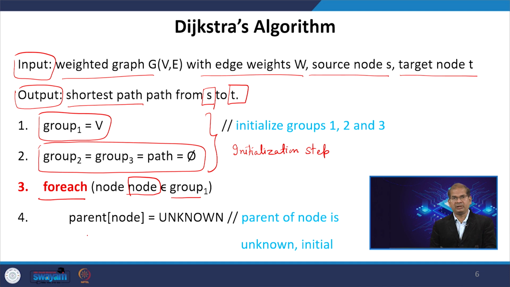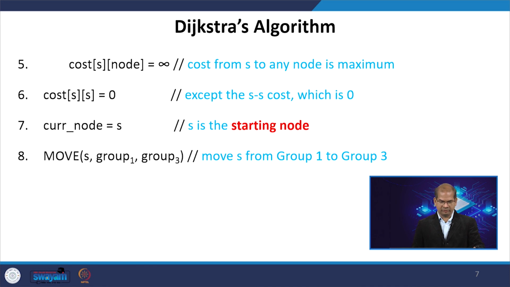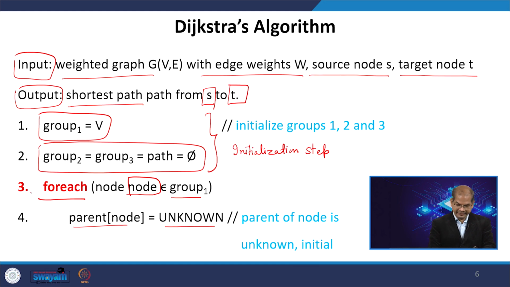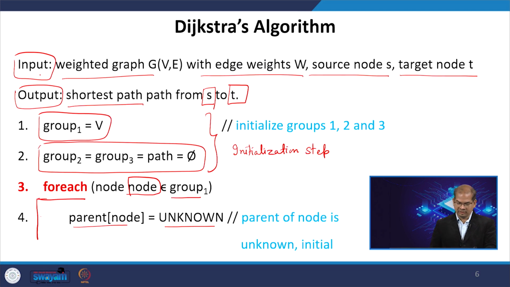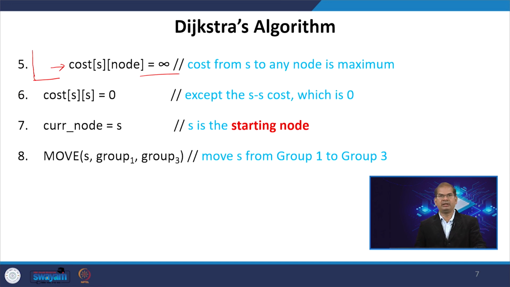We initialize its parent node as unknown, and the cost of each node is infinity, very high, the maximum. This for loop starts here and ends here. It has only lines 4 and 5. So, it will assign the cost of each node as infinity.